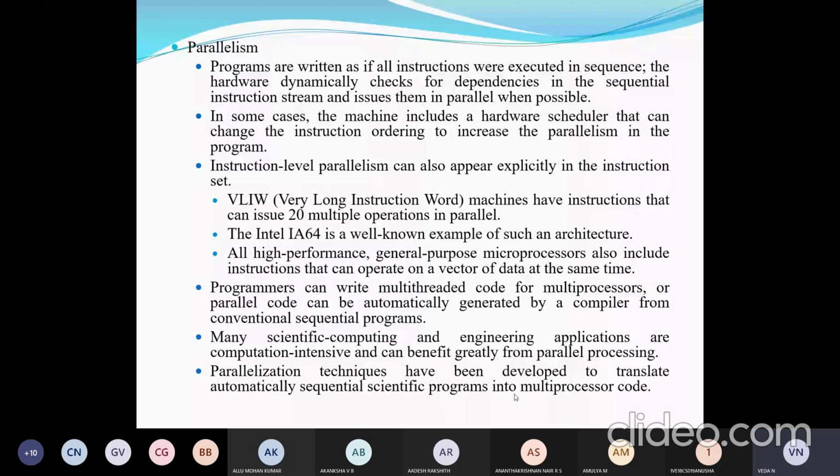Whenever there is parallel execution of instructions, we can utilize time properly, because time usage will be less. In some cases, there is a hardware scheduler, a component present in the architecture, which supports instruction ordering so that it increases parallelism in the program.